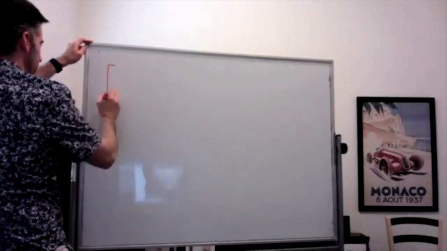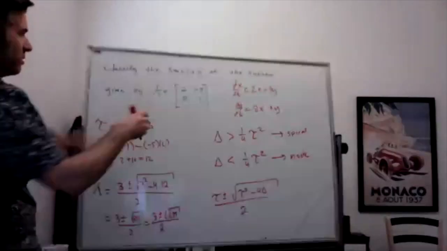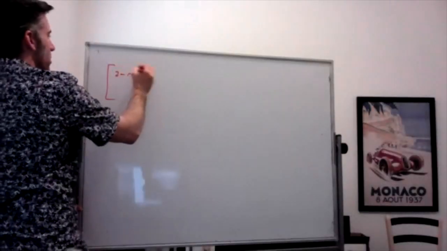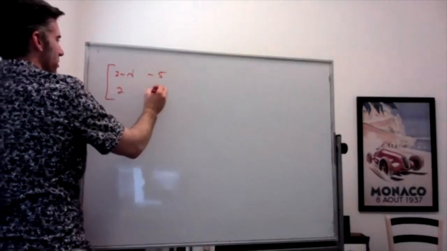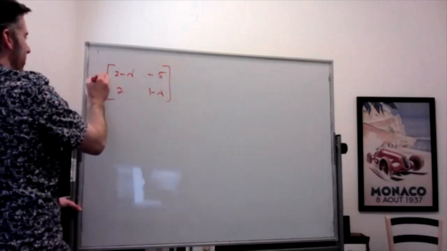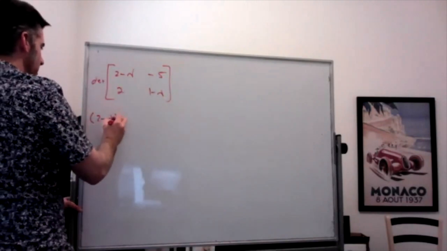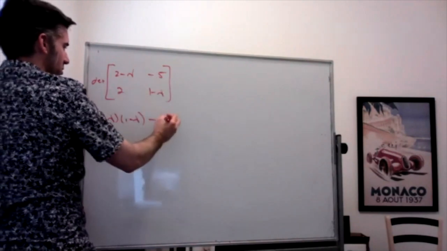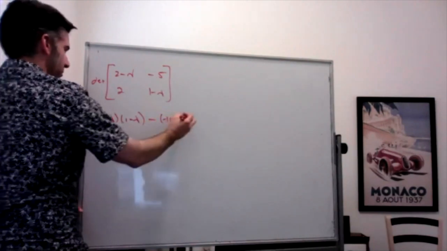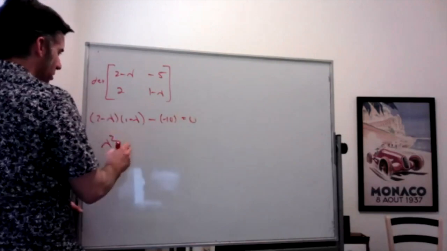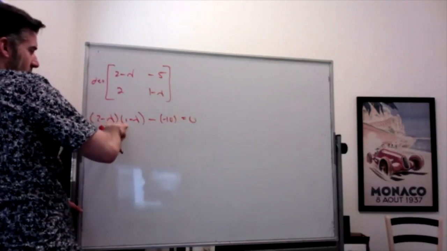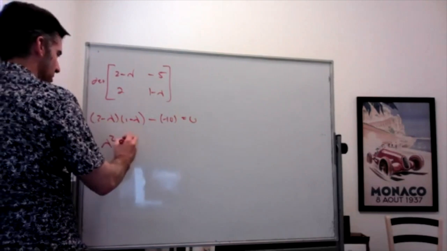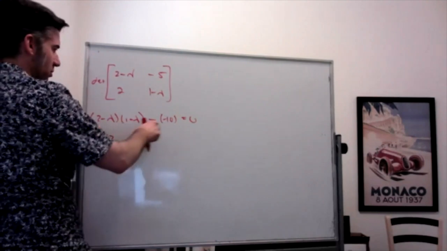If I did the determinant of A minus lambda I, so that's going to be 2, -5, 2, 1. If I did the determinant of that and got 2 minus lambda times 1 minus lambda minus -5 times 2, this ends up being lambda squared minus lambda minus 2 lambda is minus 3 lambda, and then plus 2 plus 10 is plus 12.